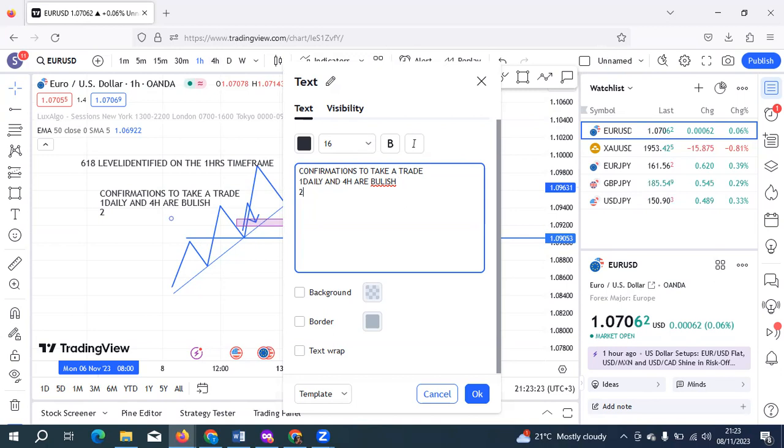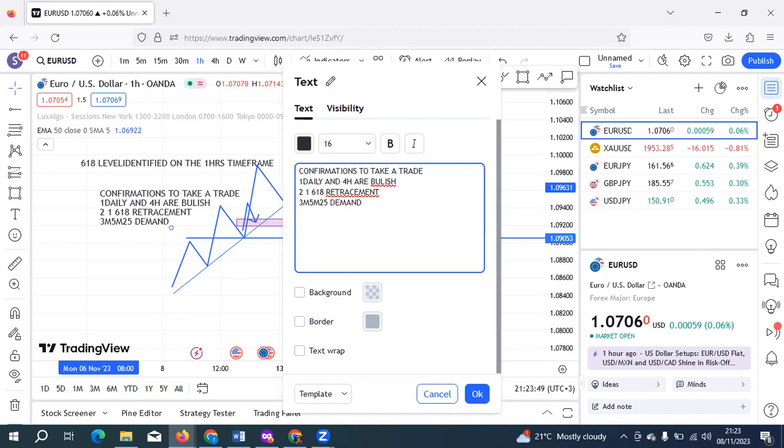Two, we want to see the 1 hour 618 retracement. The third thing we want to see is M5, M15.